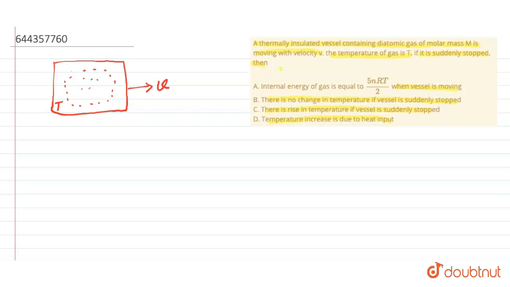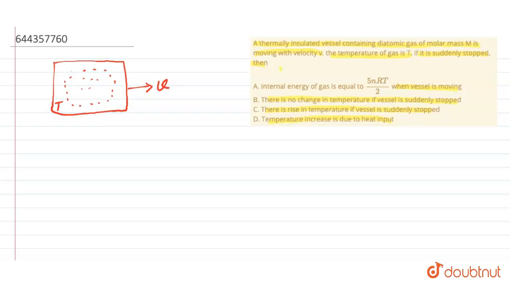And when it is moving with velocity, what is the energy of this vessel? At temperature T it is moving with velocity v. They are thermally vibrating and they will increase the kinetic energy.